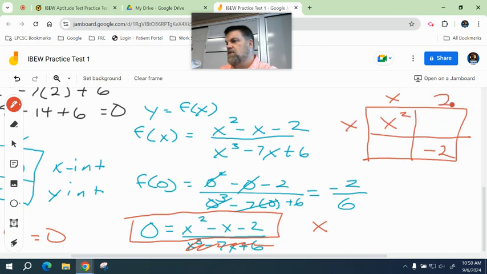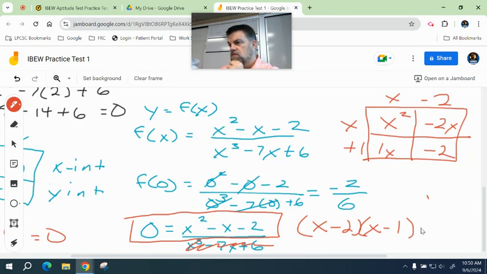And I think if we do negative 2 plus 1, then I get 1x minus 2x, and if you add that up, that gives you this. So in other words, we have x minus 2 times x minus 1 equals 0. And then you would set those equal to 0.